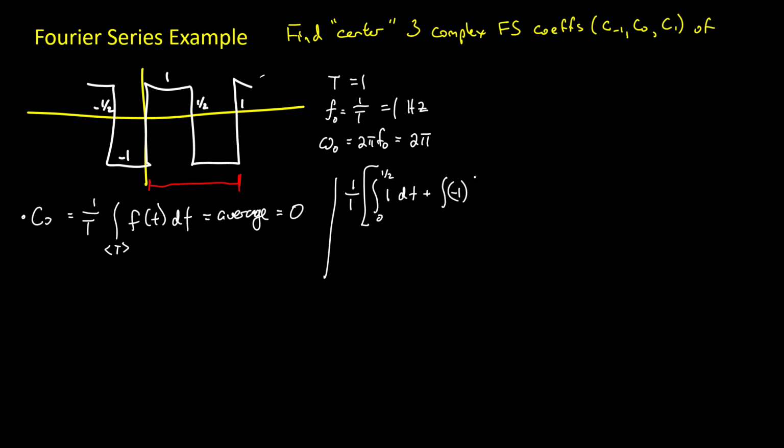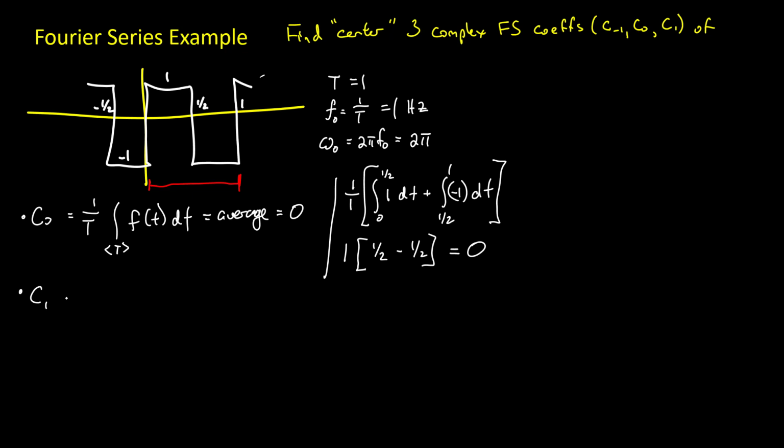So you've got -1 times dt, and here we're going to integrate that between 1/2 and 1. I'm not going to waste the space doing that integral, but you can work it out. This integral is the area underneath that part of the square wave, which is 1/2, and then this is the negative area under that part, and so it's clearly 0, which you could just see by inspection.